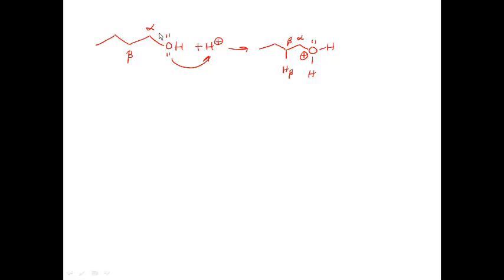So I protonate the OH to form the oxonium ion, but now I need to do this concerted, so I need to have this CH bond break, have the pair of electrons move like that, and then have the pair of electrons move to this oxygen to then form my final product, and now the water molecule, and an H plus, which was lost as the beta hydrogen.